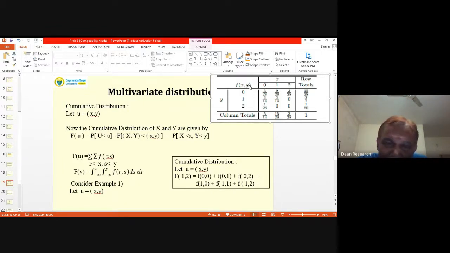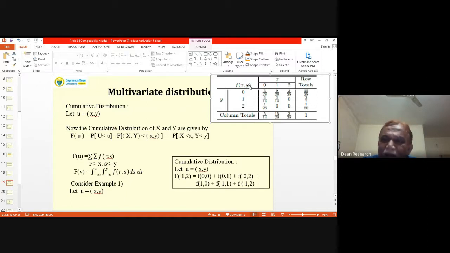That is equal to the probability that X is less than small x, comma Y less than small y. Now, in the case of discrete random variables, you will have to add. How to add? It is given here in an example. Nothing but a double summation of f of r comma s, where r is less than or equal to x, s is less than or equal to y.